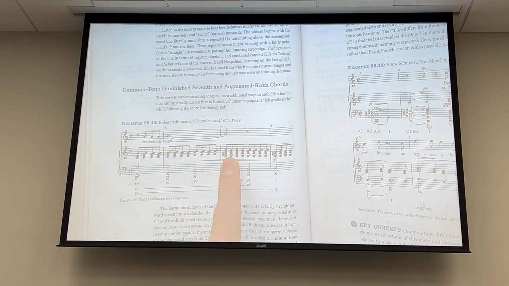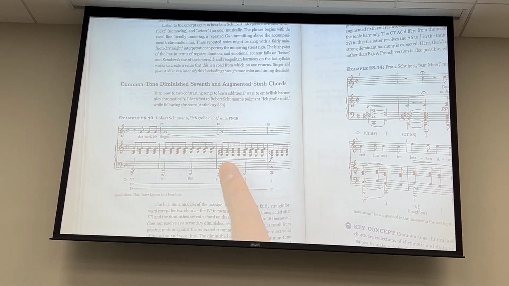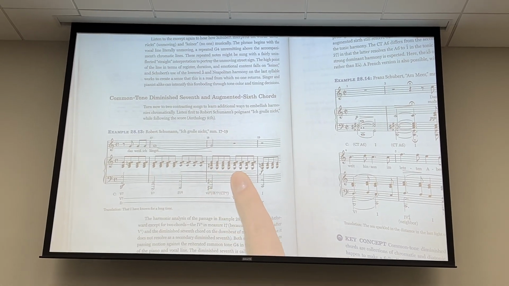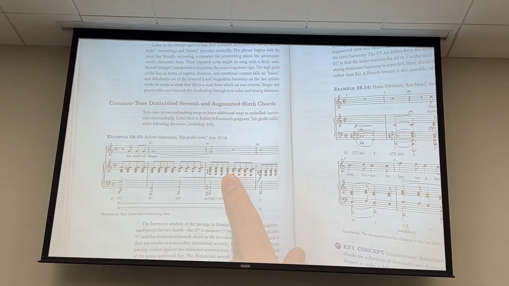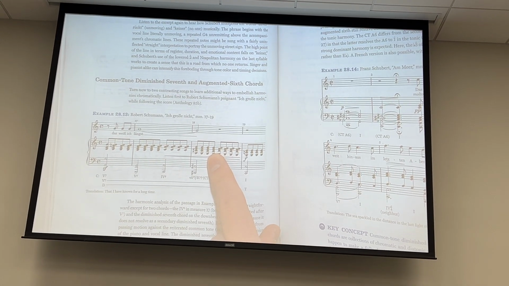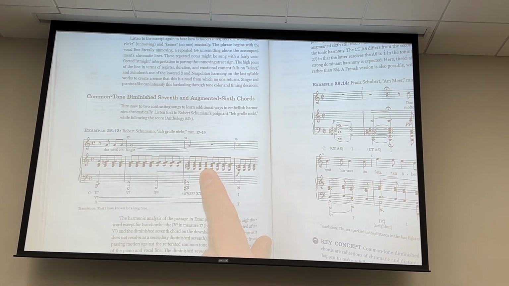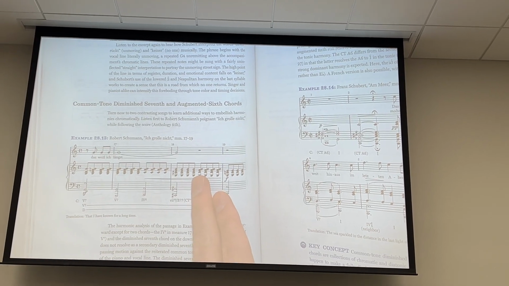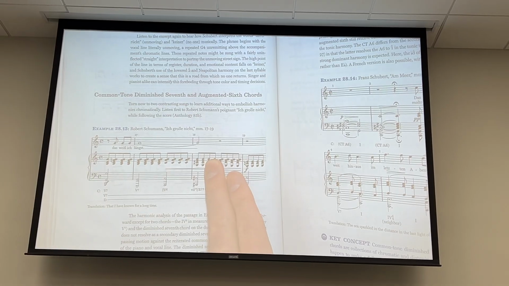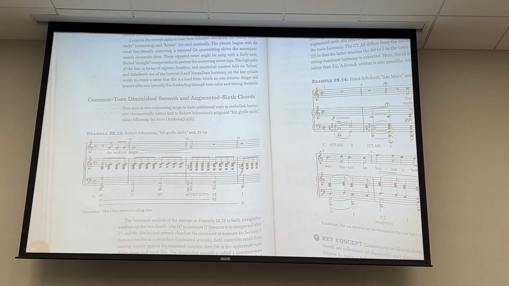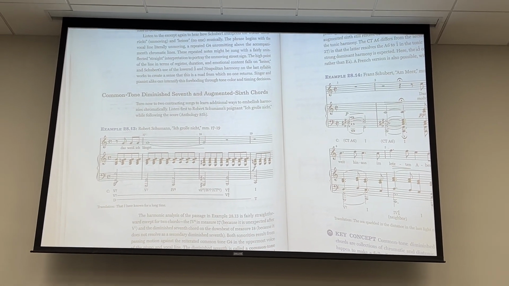Now, if we were to analyze this strictly, you would have some sort of weird, because it's like a 7 diminished of 7 type thing, right? Which in analysis doesn't make a lot of sense.